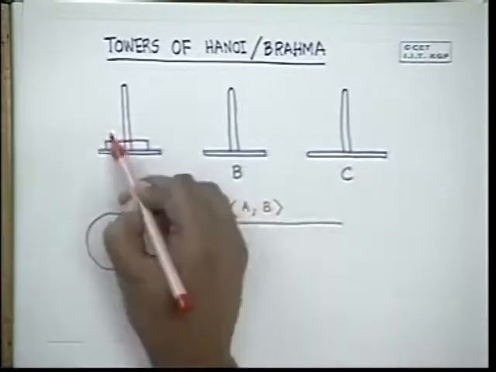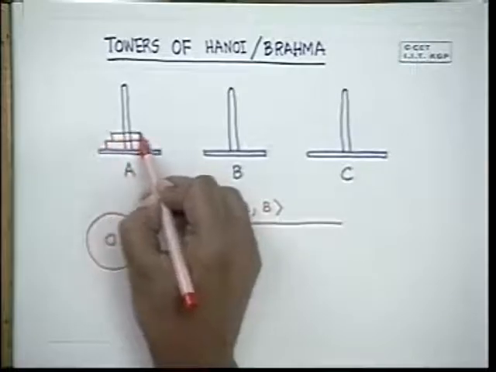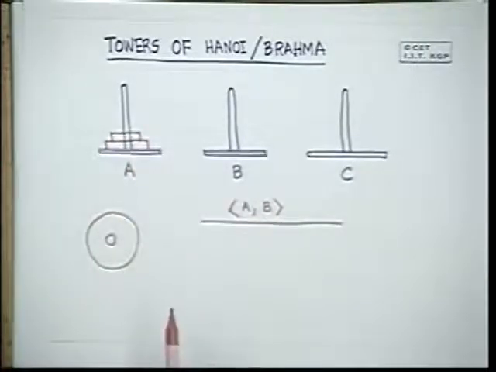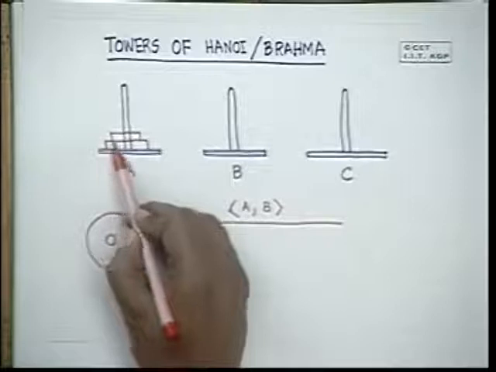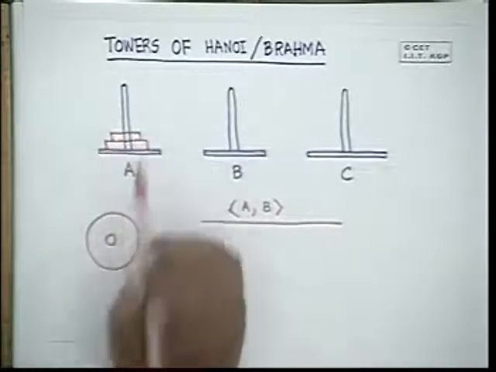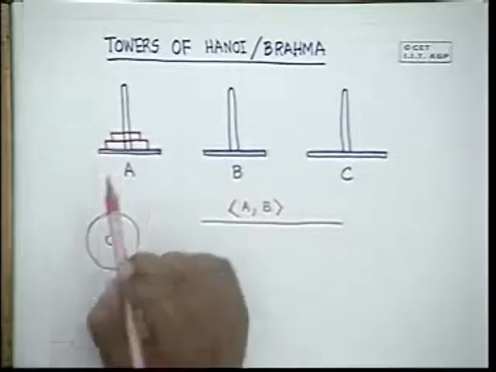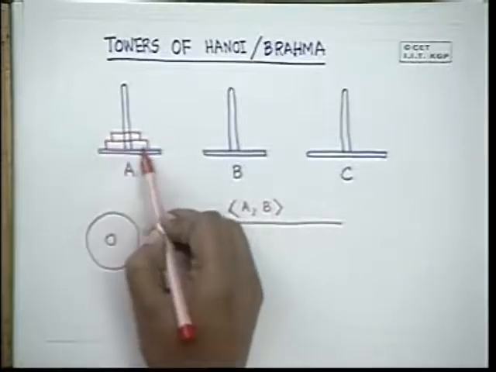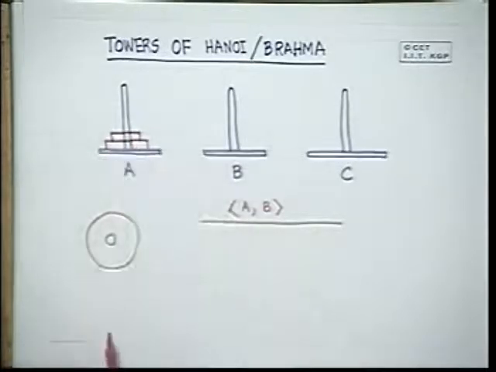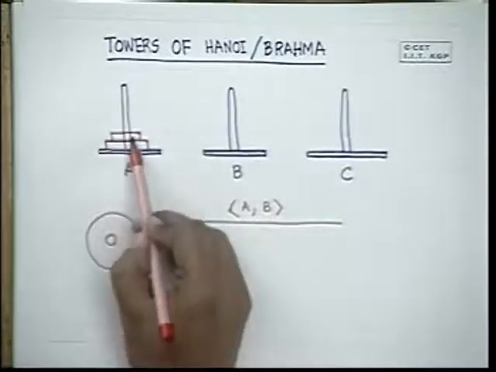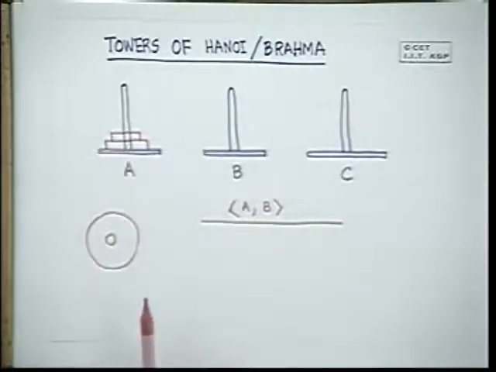But suppose I give you 2 discs with the additional condition that there are 2 discs of different sizes, a larger disc and a smaller disc. The smaller disc is placed on top of the larger disc.